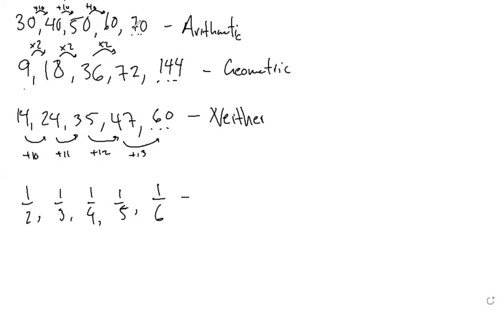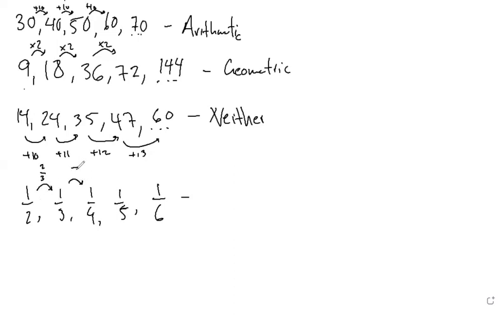Dylan says geometric. I don't think it's geometric because look, from here to here, what did you multiply by? Well, I need to get a third on the bottom. So to get rid of this 2, I need to multiply the top by 2, so the 2's cancel out. So I multiplied by 2/3.